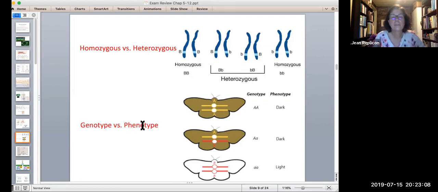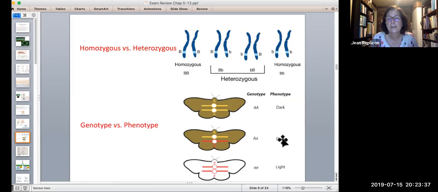Genotype versus phenotype. With respect to this particular gene, represented by capital A and small a, where capital A looks like it's for dark colored coloration in this moth, the genotype could be capital A, capital A, or capital A, small a, and there still would be the dark colored moth.